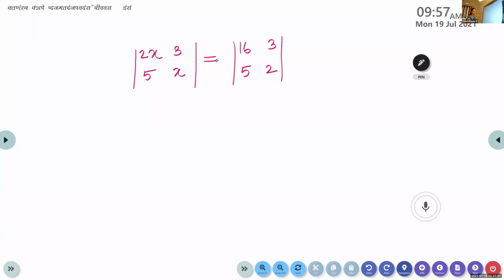So here these two are equal. That means the value of this determinant equals the value of this determinant. Shubham, tell me how will you find the value of the first determinant? 2x is equal to 16.